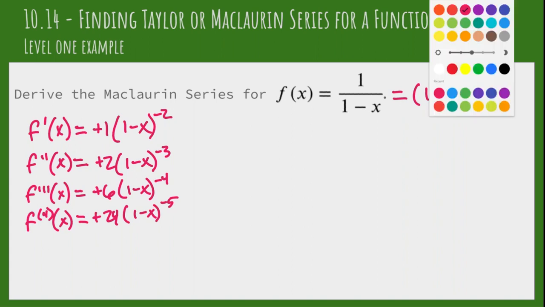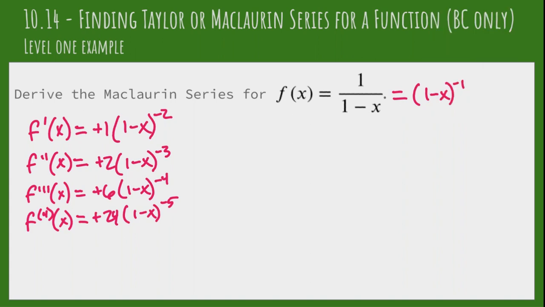I do want to point out that we got this by doing 2 times 1. We got this by doing 2 times 1 times 3, and then we multiplied by 4, and then the next one we're going to multiply by 5. And so it turns out that each of those coefficients is the factorial for the number of derivatives that we've done.